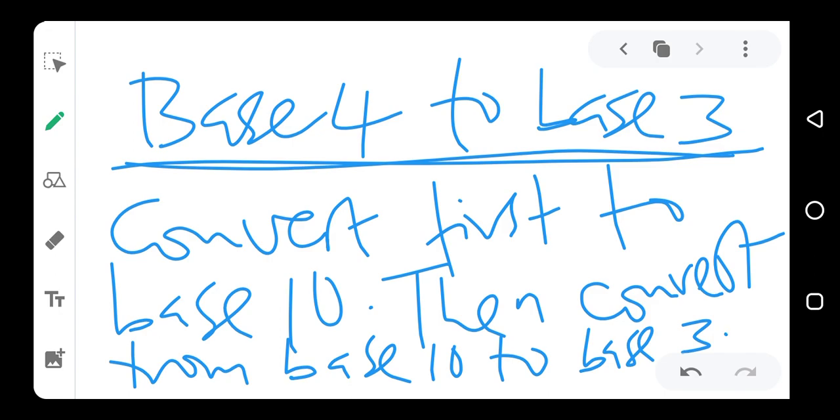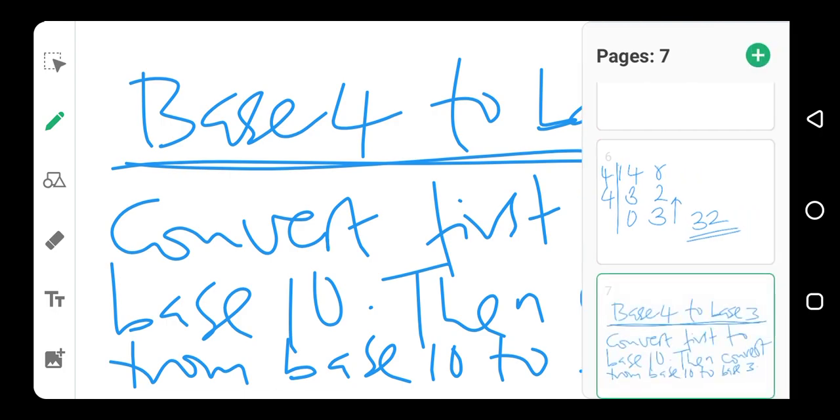If we are given any number to convert from base 4 to base 3, we have to bring that number first to base 10, and then from base 10 we convert it to the base we are looking for, which is base 3 here.